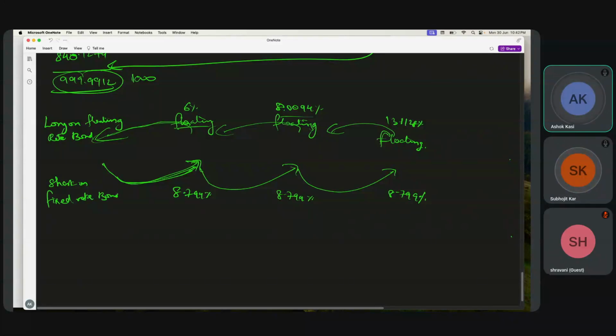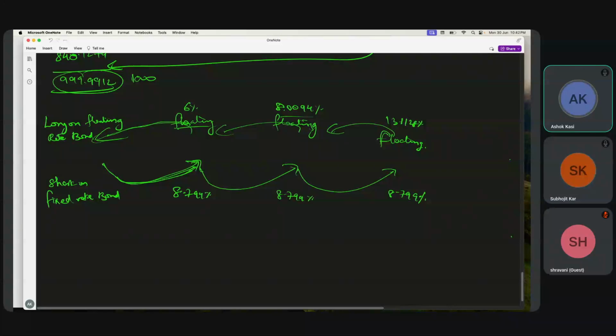This might be too exhaustive for you, but you watch this again and again. For this particular period, I'm paying more, right? 8.799, and I'm receiving 6%. So it's like 2.799 percentage more I'm paying. But it will not make any difference. I'll tell you why. So you are short on a fixed rate bond.